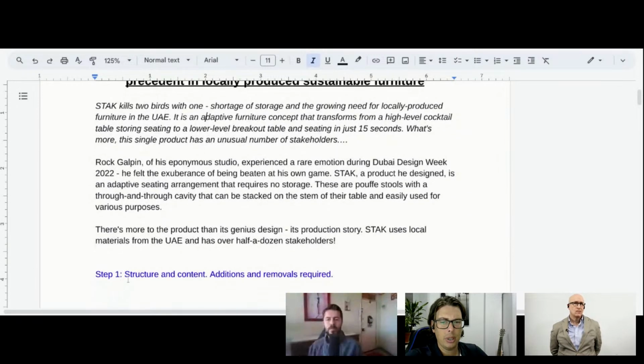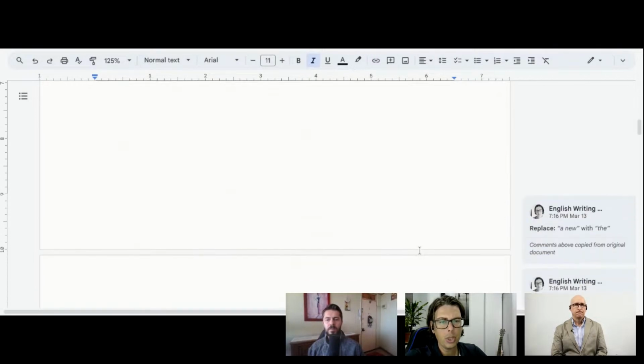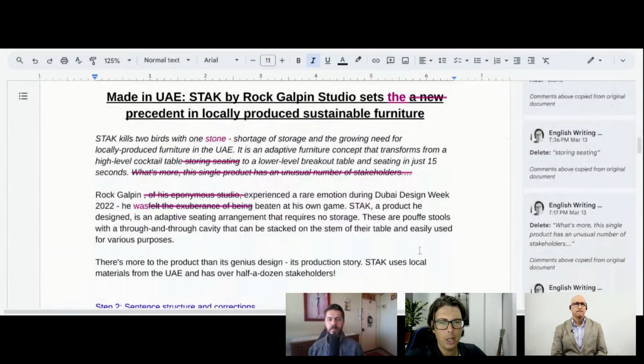So as I said, my first step, which I've got on the next page, is how to edit for structure and content. Of course this is just a bit of the piece, and we can't see the whole thing, but I've decided just to show you the introduction to say what we might remove or add. So here we go on the next page.